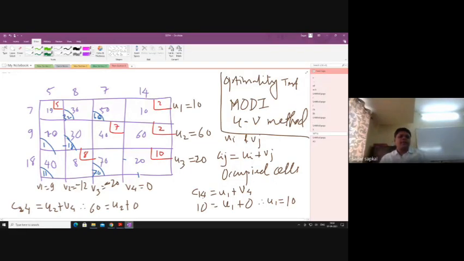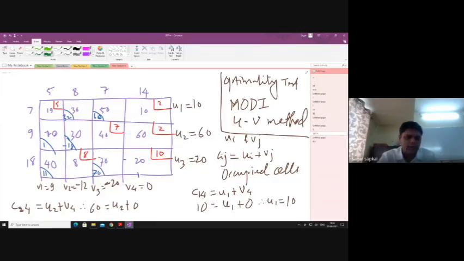So now choose the maximum negative Dij value cell, which is -18, because that is the only cell available with a negative Dij value. Choose that cell, and from that cell draw a loop in that table.